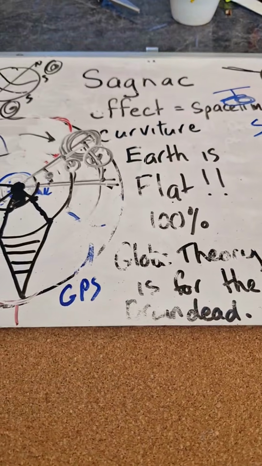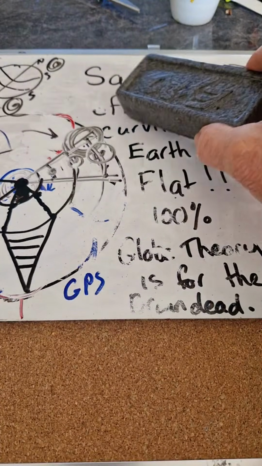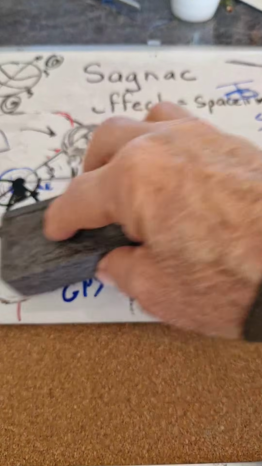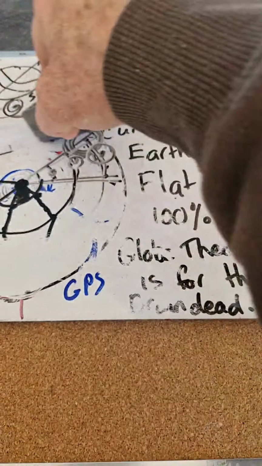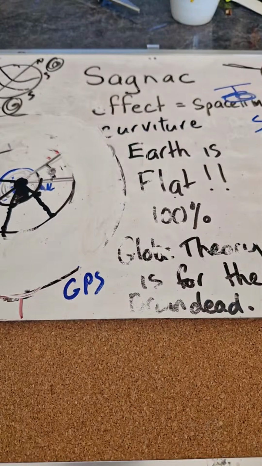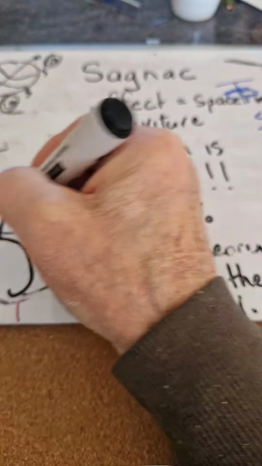Okay, so this Sagnac effect is this curvature, the magnetic field spiraling out of the north and all drifting west. It's all drifting west there.